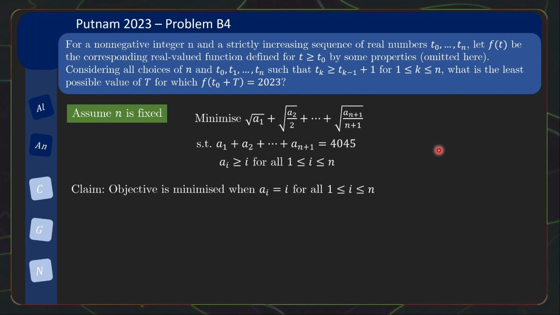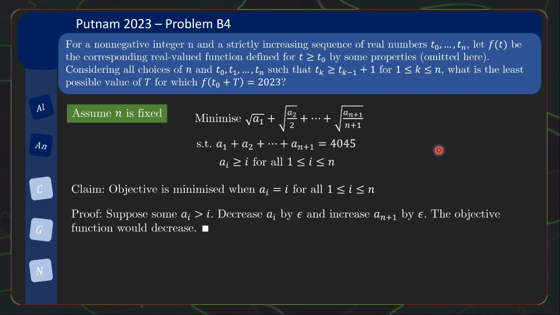So what's the proof of this? Well, suppose some a i is bigger than 1. Then I can decrease a i by epsilon and increase a n plus 1 by epsilon. If I choose epsilon small enough, it will still achieve the constraint. And what happens is the objective function will actually decrease, because I'm decreasing this by epsilon and increasing this by epsilon.